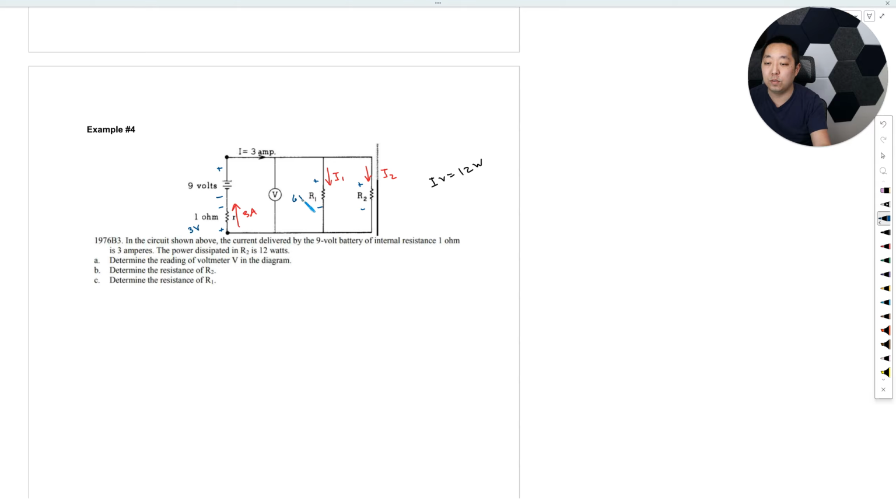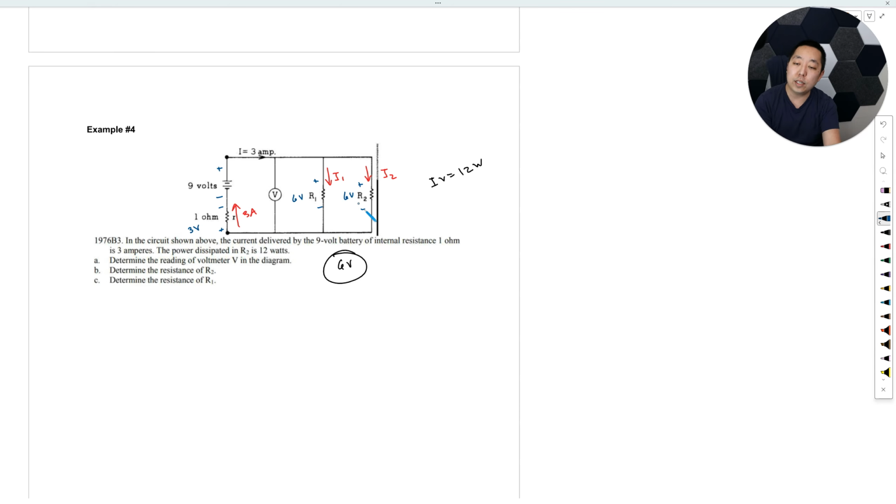I have to drop 6 volts here because I got to go up 9. Then that's KVL, right? I go up 9, then I'm going to drop 6, drop 3, and that gets me back to 0 if I go through that loop. So these guys have to be a 6 volt drop. And that is the voltage across here and here because they're parallel. They share a connection. So the voltage drop here, the voltage drop here, and the voltage drop here are all 6 volts.